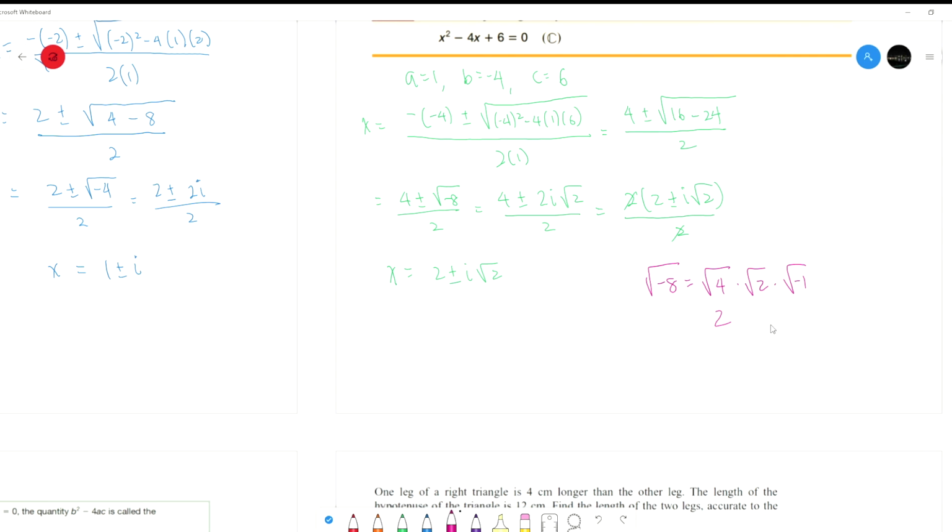This is 2 and this is I. So you get 2i radical 2. Okay? And that's where we got 2i root 2. Then the next step was to factor this common factor of 2 out. That's why we got 2 plus or minus I root 2. Okay?